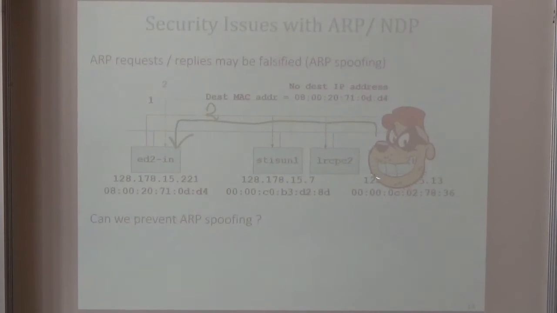Then you will impersonate this. This guy will believe that this IP address corresponds to this MAC address. And there will be no way, at least no simple way, to detect that this is wrong.